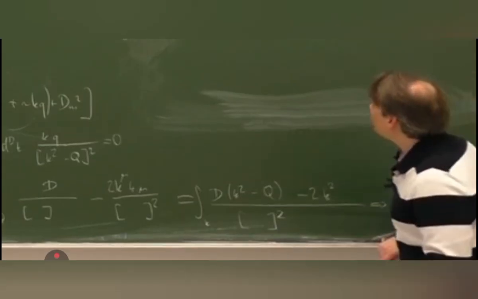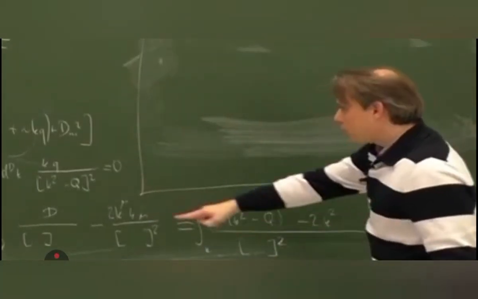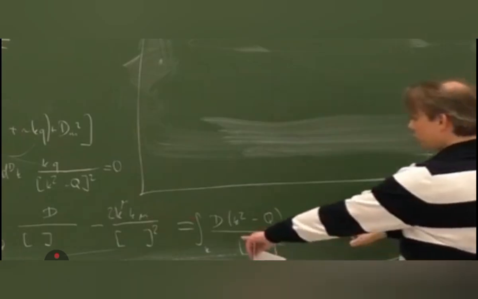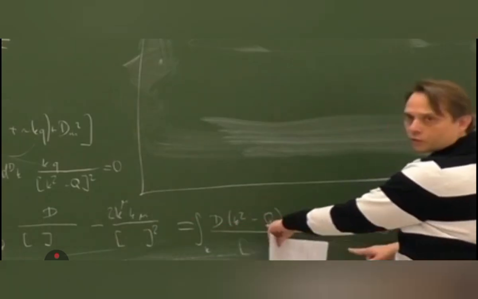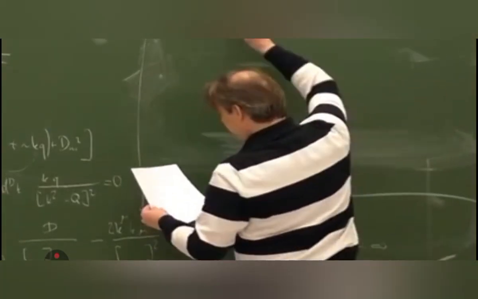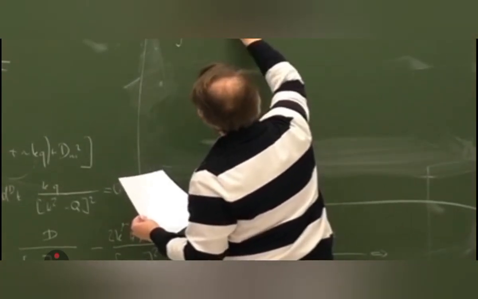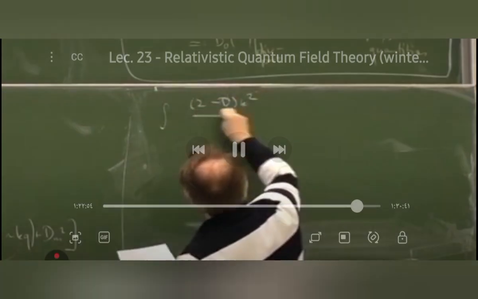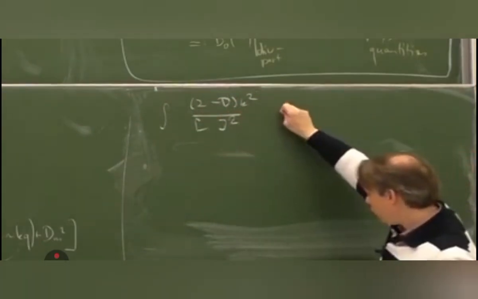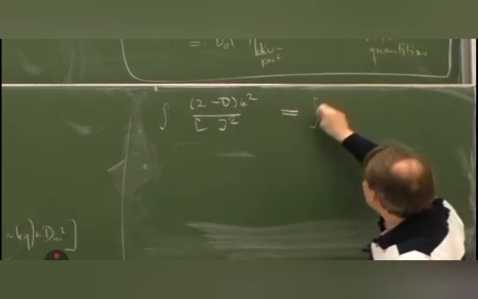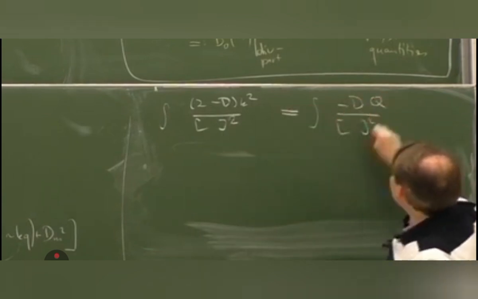We get the following consequence, namely on the left hand side we have 0, and on the right hand side we have d minus 2k square is equal to something. So let's write this as the following: integral 2 minus d times k square divided by the denominator square is equal to the rest, is equal to minus d times q divided by the denominator square.